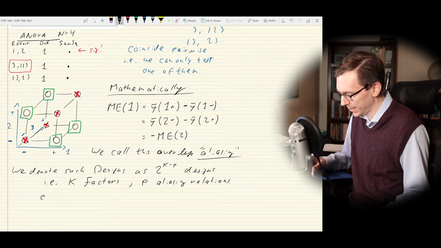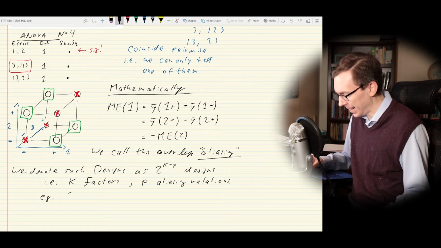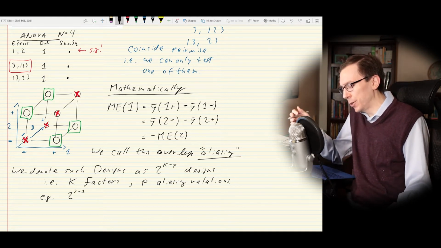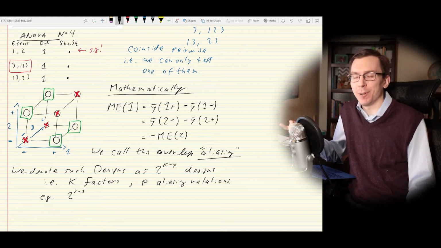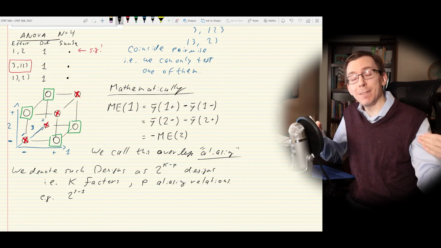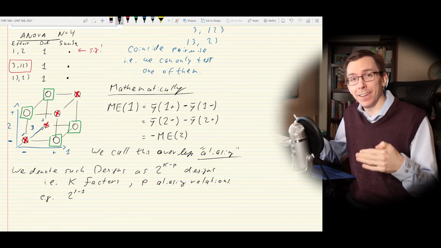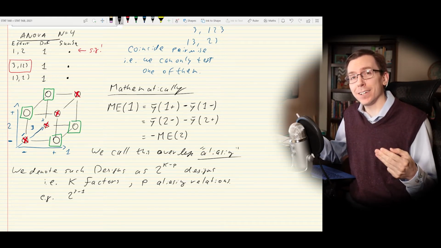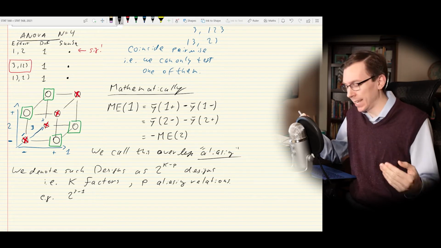But our example, e.g., is a 2 to the 3 minus 1. So you always write it like this. I mean, yeah, 3 minus 1 is 2, but in this case, we're going to say it's a 2 to the 3 minus 1 design to indicate that there are 3 experimental factors and 1 aliasing relation.